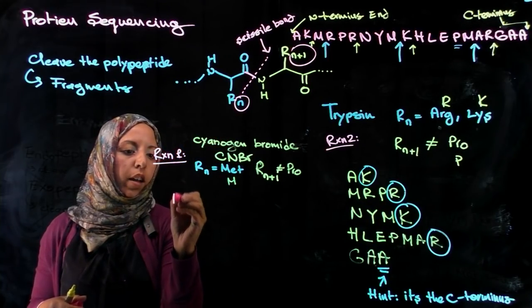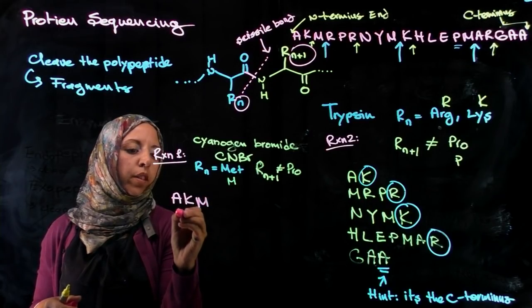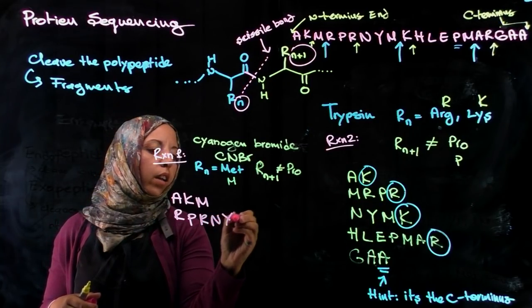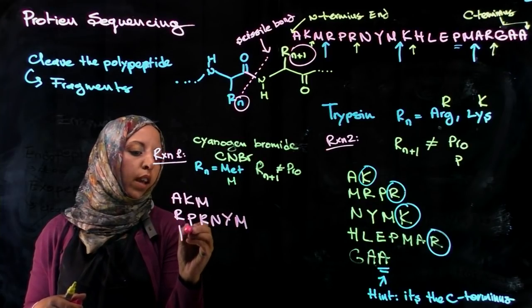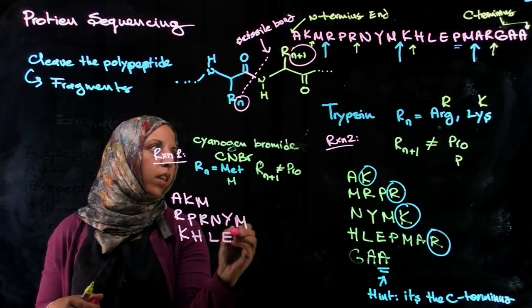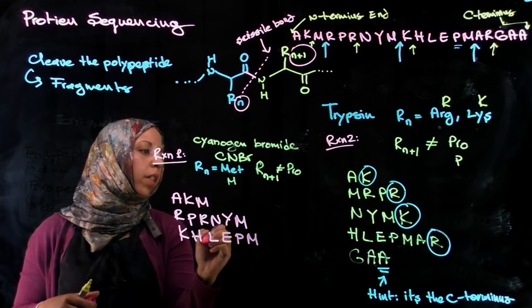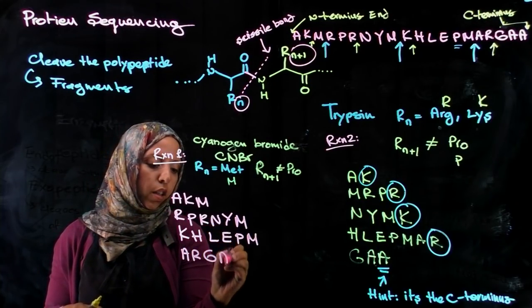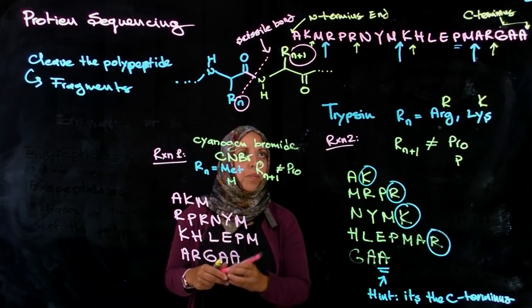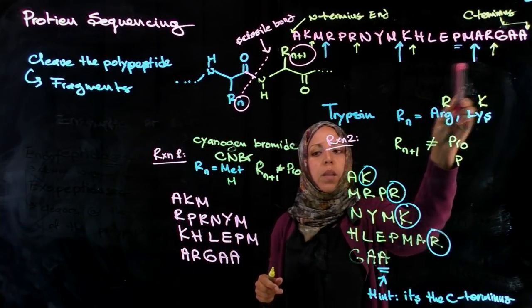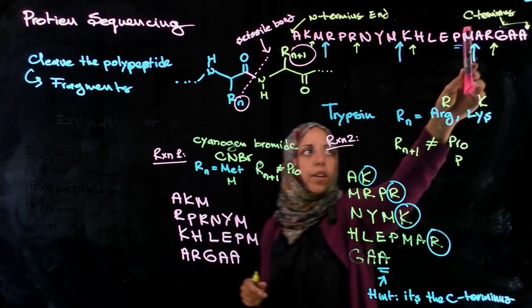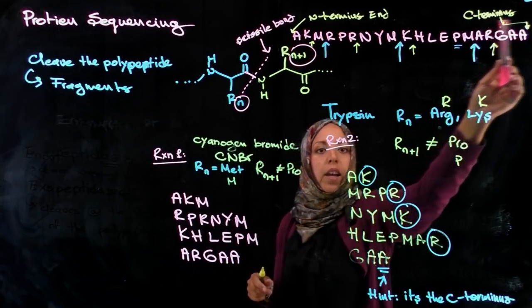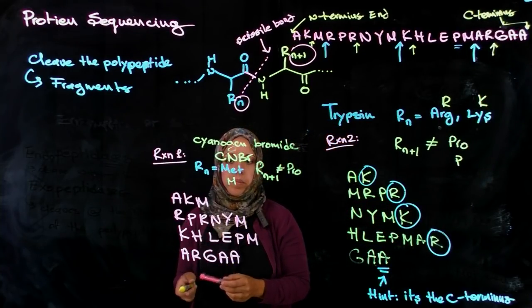Sorry, I keep switching colors. So the different sequences that we get are A, K, M, R, P, R, D, Y, M, and then K, H, L, E, P, M, and then A, R, G, A, A. If it cleaves 3 times, we end up with 4 fragments, because the very last one, after the 3 cleavage sites, gives us a 4th one.